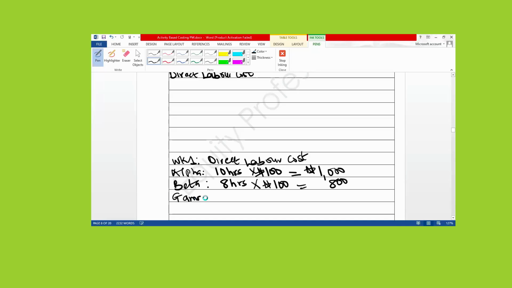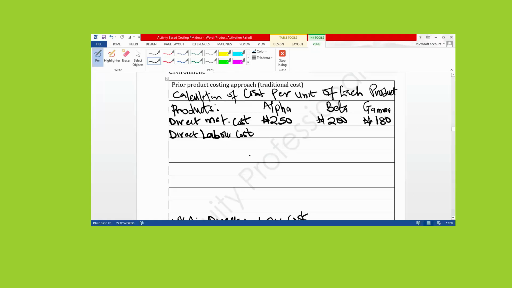For gamma, to produce 1 unit of gamma, we require 4 hours of labor at a rate of 100 naira per hour. That will give us 400. Return. This is 1,000, 800, 400.